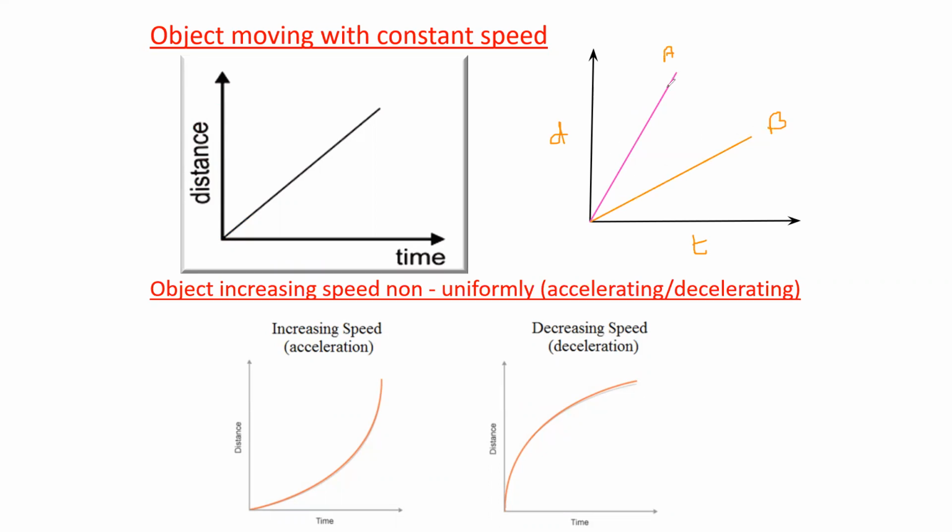How can you work out? You can check the slope, the angle. A has a steeper slope or a greater angle. So the object A is moving faster at a higher constant speed, and B has a lower constant speed.